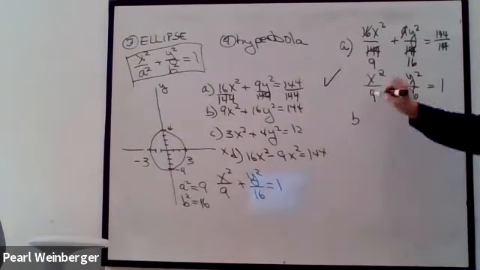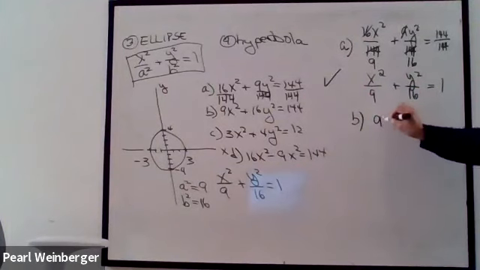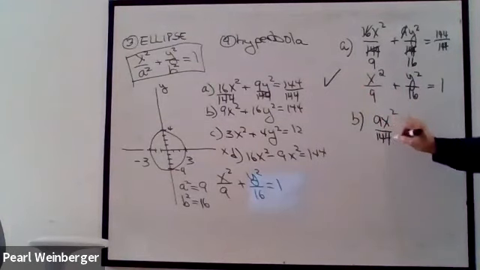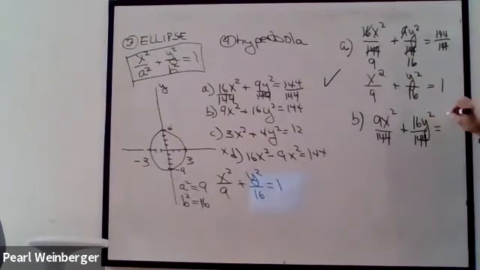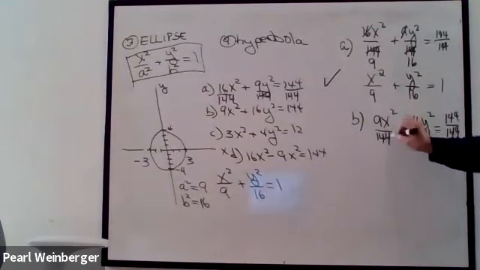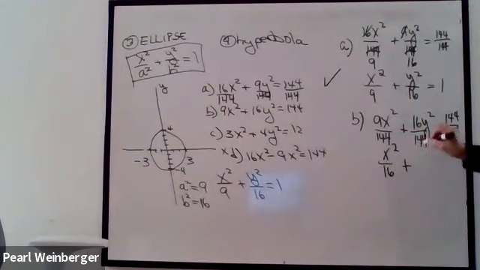As a comment, number B in standard format, I would have divided again everything by 144. I'd get 9x squared over 144 plus 16y squared over 144 equaling 144 over 144, which simplified would have given me x squared over 16 plus y squared over 9 equals 1.